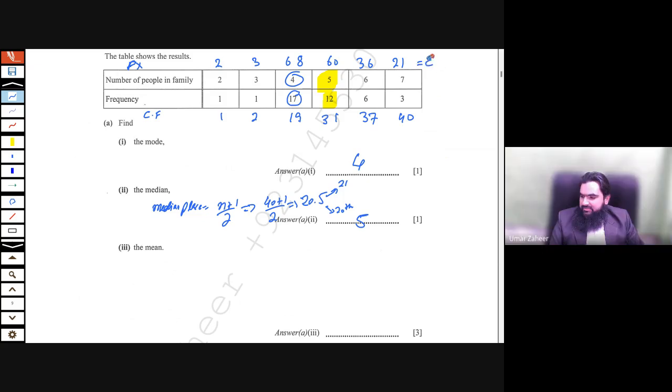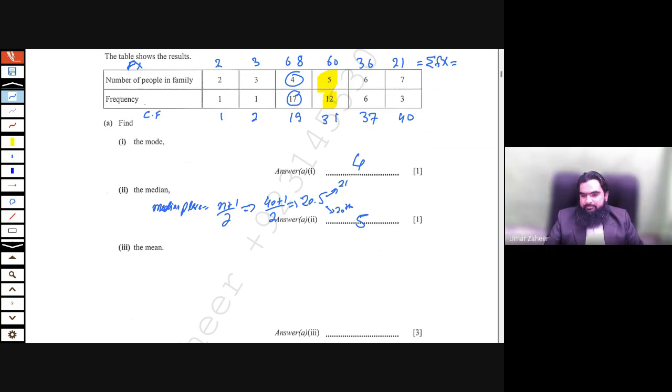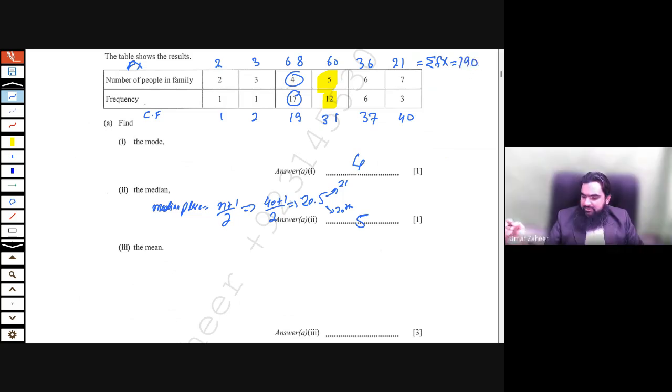Now find the sum: 2 plus 3 plus 68 plus 60, it will be 190.